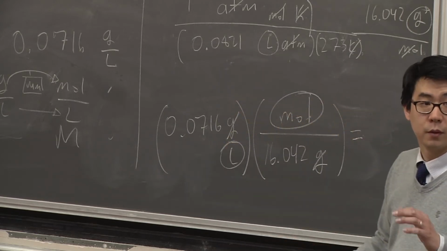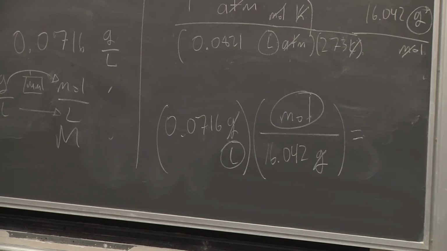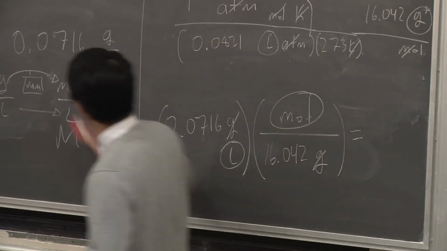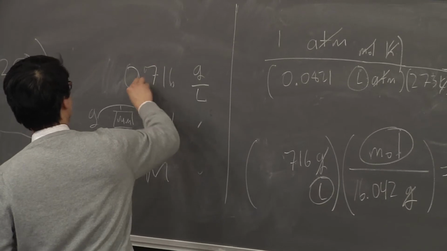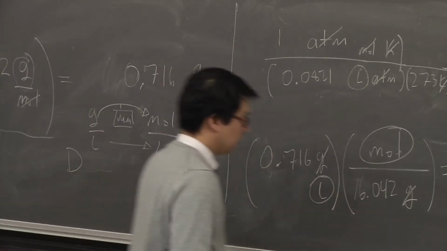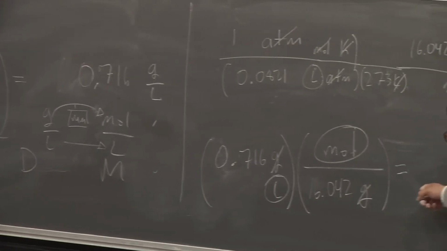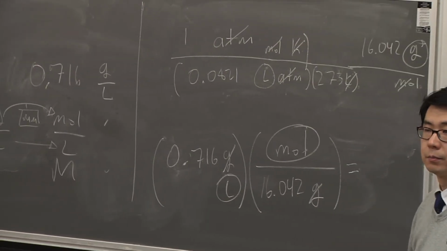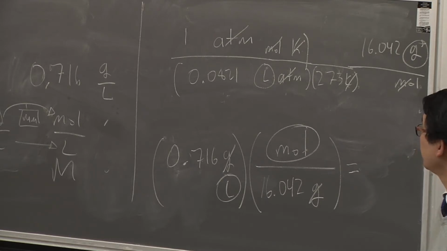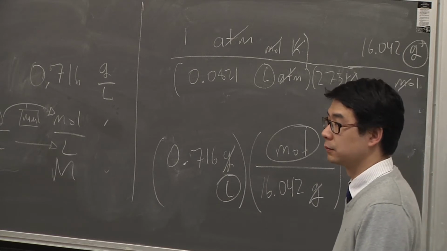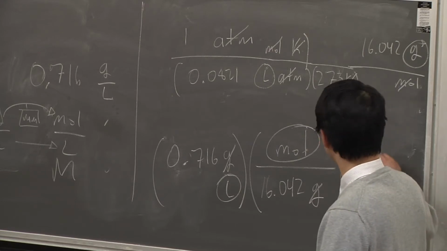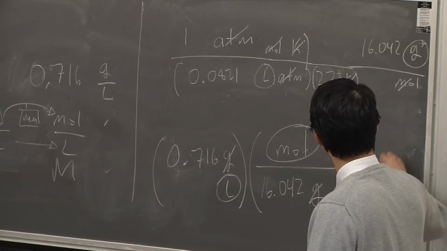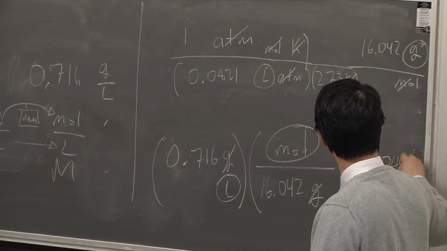Oh, 0.716. Okay, there's an extra 0 here. 0.716. And so when you do this calculation, you get 0.0446.